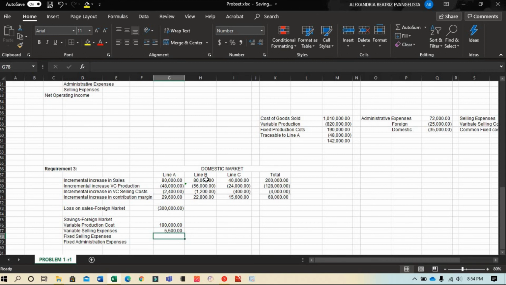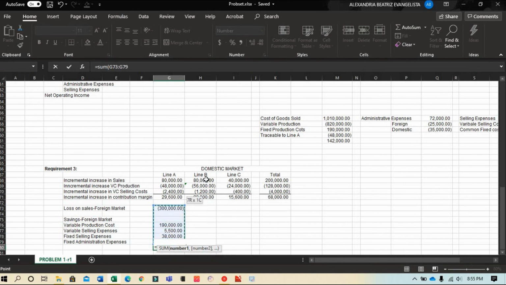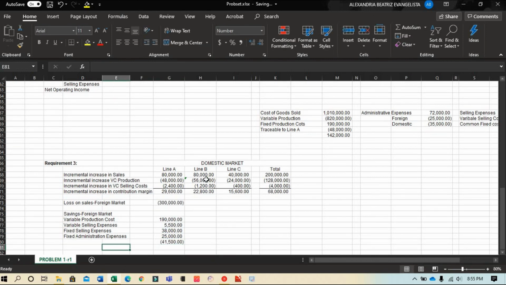And for fixed selling, of course, we're going to save 38,000, and for the administration cost, we're going to save 35,000. So if we're going to get the sum of these numbers, we're going to have negative 41,500, which is lost income from the foreign market.